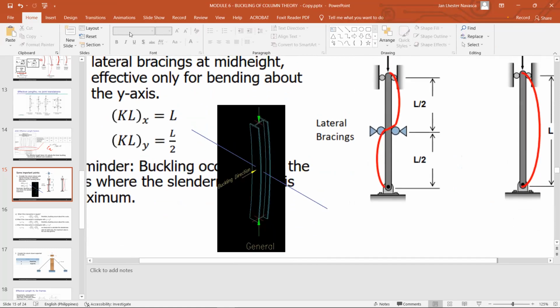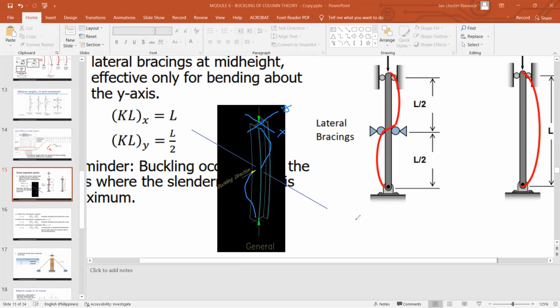Here we have the bending in the y-axis, and this one is the bending in the x-axis. Since you added a lateral bracing, the bend now will curve like this. That is if you apply a lateral bracing in the direction for the bending in the y-axis.